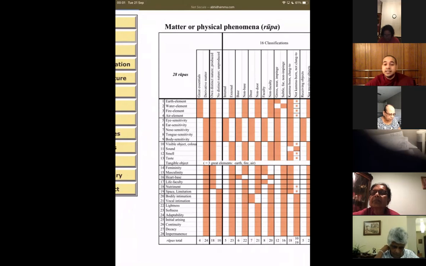Own distinct nature. Damsiri, can you explain, please? What's the meaning of own distinct nature? Damsiri, you have to unmute yourself.